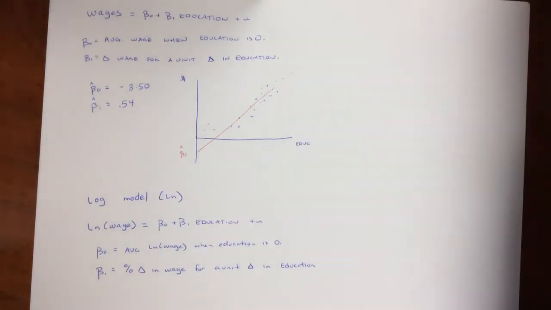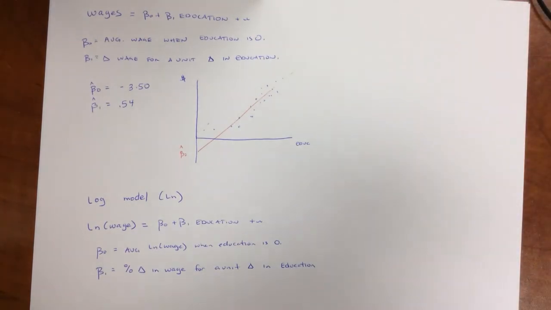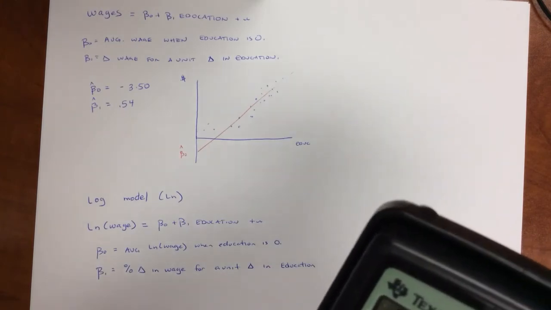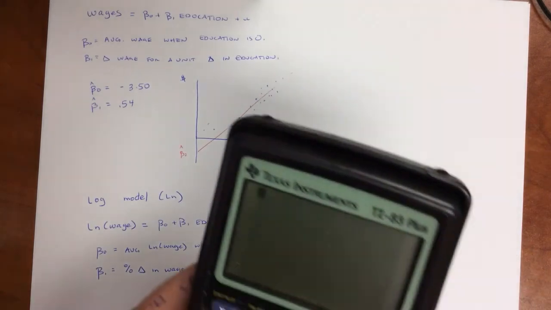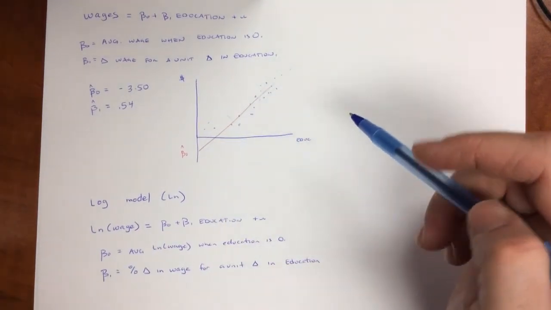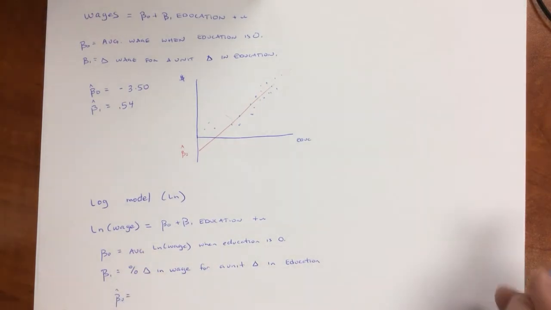So if we were to look at our average wage, if I take the natural log of negative 3.5, I can't quite do that. But if I run my model now and do the best fit line, I'll get beta naught hat to be something like 0.25.